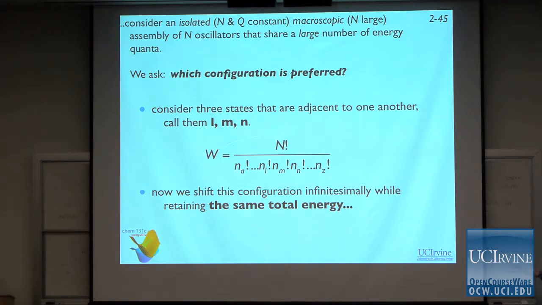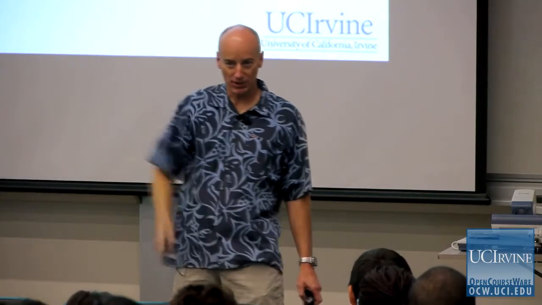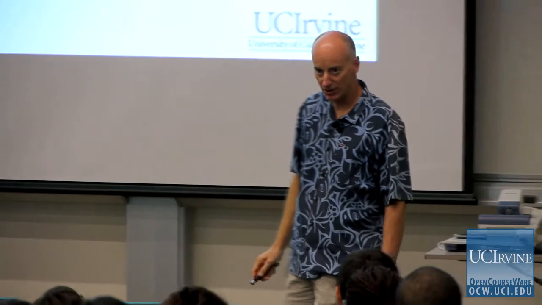Now, this is the configuration that we're starting with. Let's shift it slightly and see if we can find the configuration that doesn't change W. That's the strategy here in this derivation. We're going to shift it infinitesimally, and we're going to maintain the energy constant while we do that.